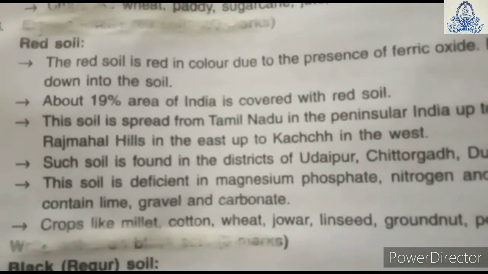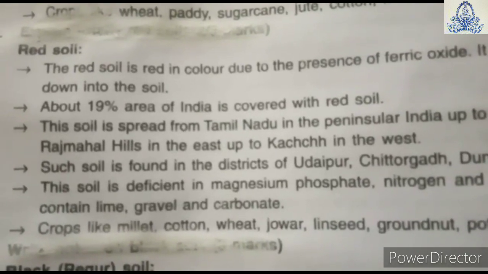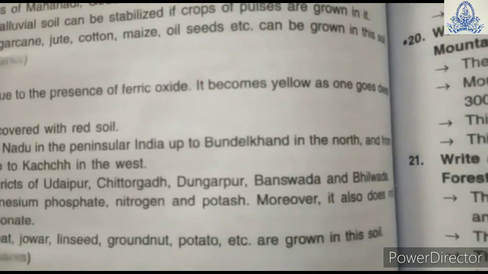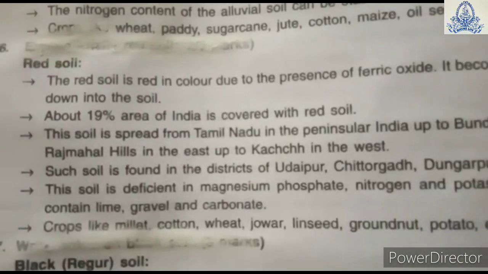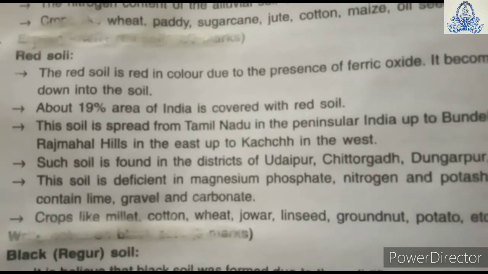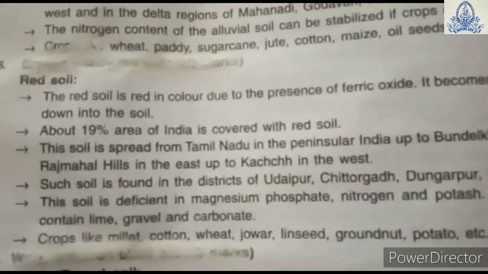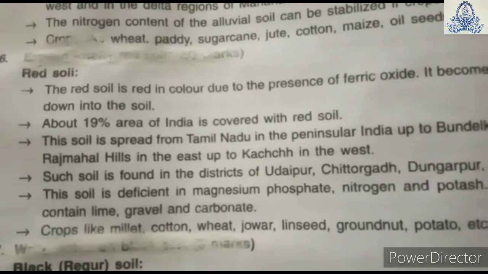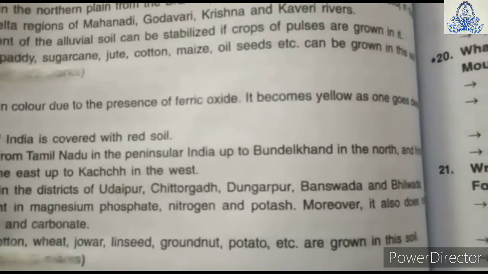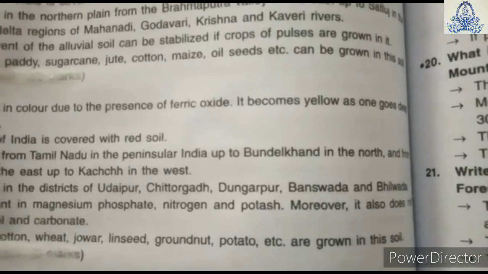The soil is spread from Tamil Nadu in peninsular India up to Bundelkhand in the north, and from Rajmahal Hills in the east up to Kutch in the west. Such soil is found in the districts of Udaipur, Chittorgarh, Dungarpur, Banswara and Bhilwara.